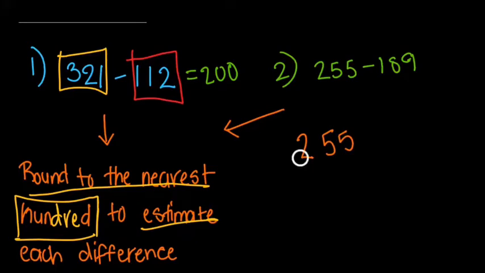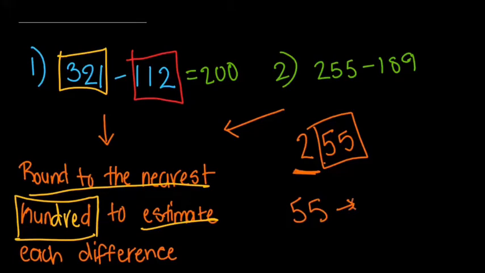We're going to do the same thing as we did for 321 and 112. The first digit stays the same. The second number, 55, is closer to 300 than it is to 200.